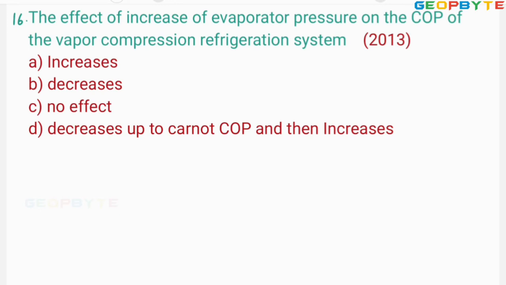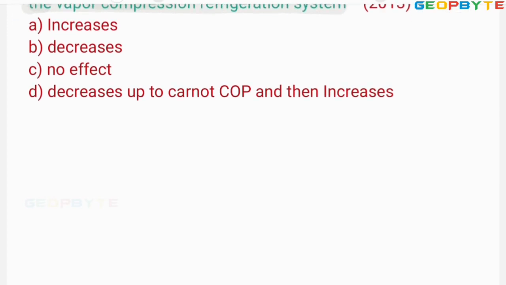Look at the 16th problem. The effect of increase of evaporator pressure on COP of the vapor compression refrigeration system. It is like this. Let us take the pH coordinate system, pressure versus enthalpy coordinate system.